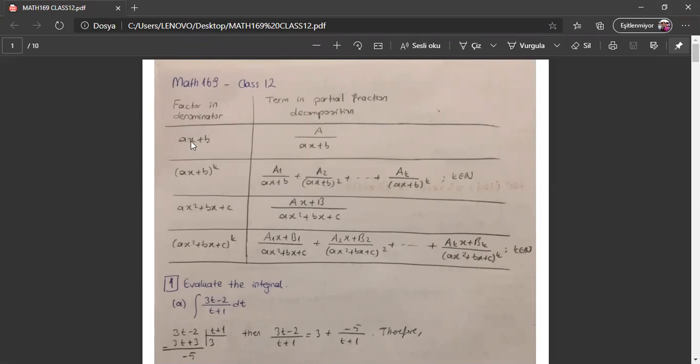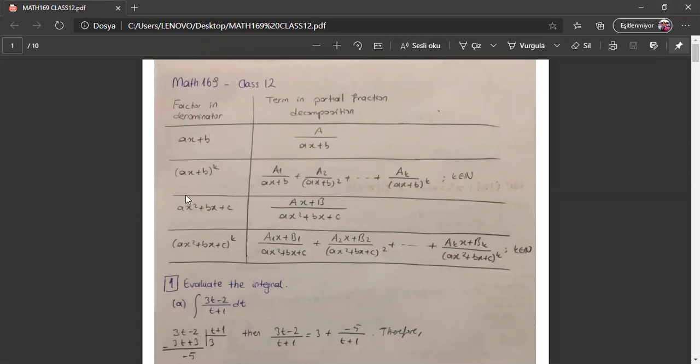Now when you see a term in the denominator in this form, you will write this, and equalize it to this. And if you see something like this, you will write this, equalize it to this, and find these numerators.